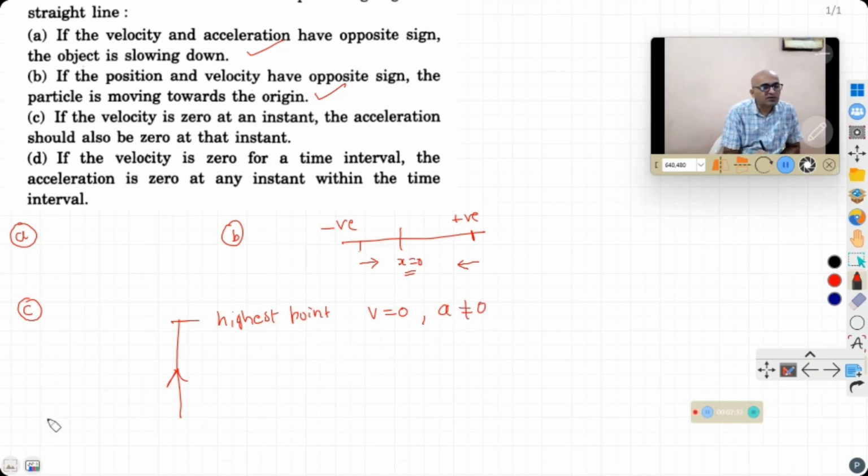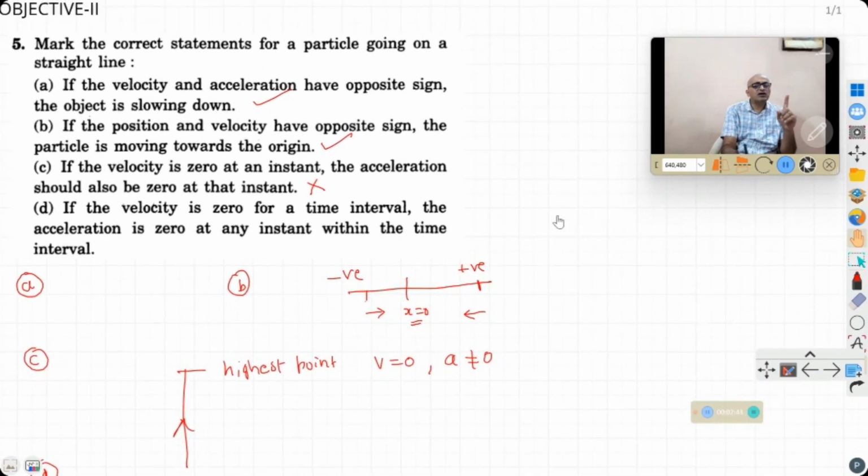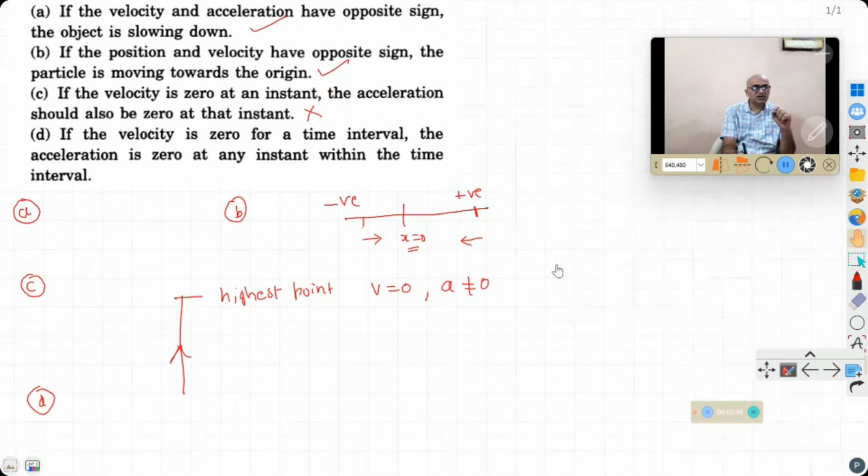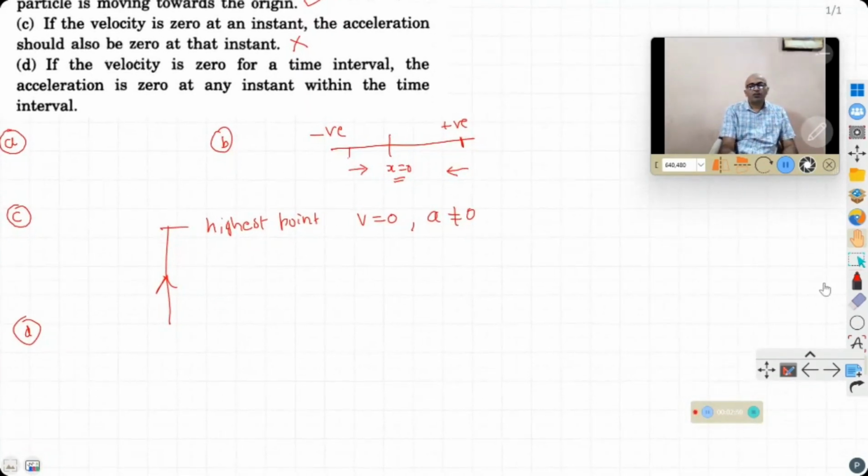Now, coming to the D part. So, what we say is that C part is not correct. D part: if velocity is 0 for a time interval, remember, this question is focusing on the motion of a particle going on a straight line. Therefore, we have to stick to the particle motion in a straight line. So, if velocity is 0 for a time interval, you can take it like the particle went like this and then came back.